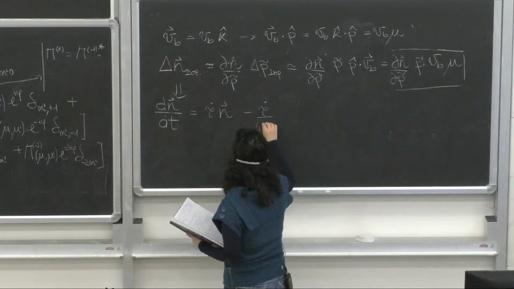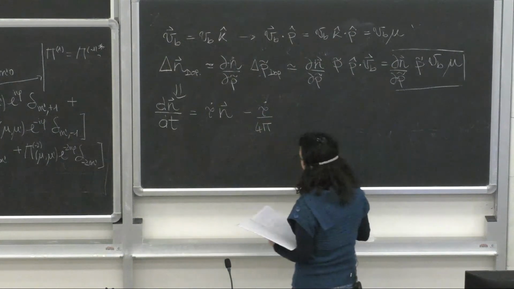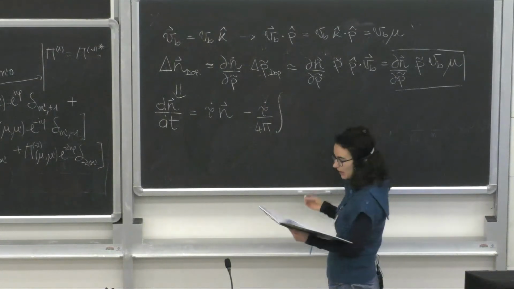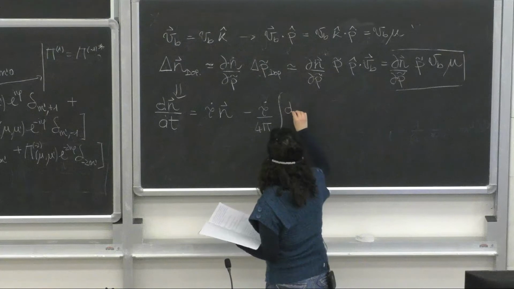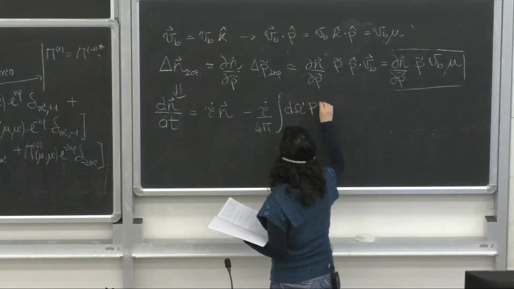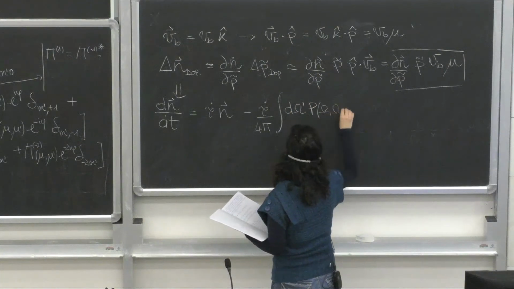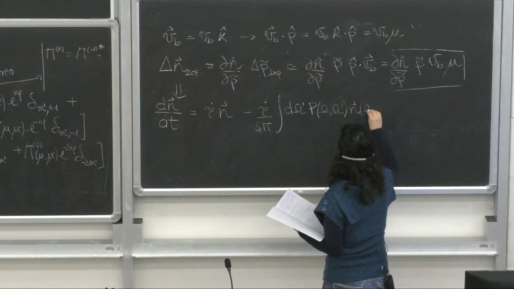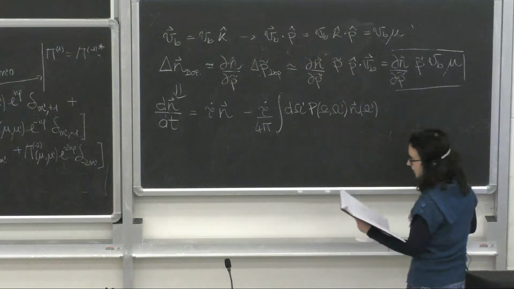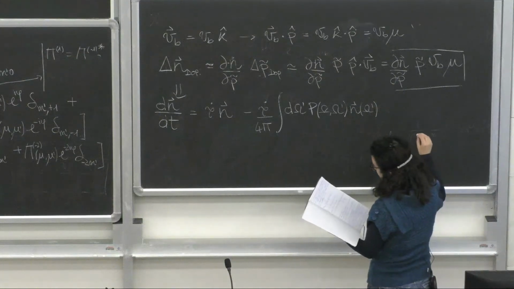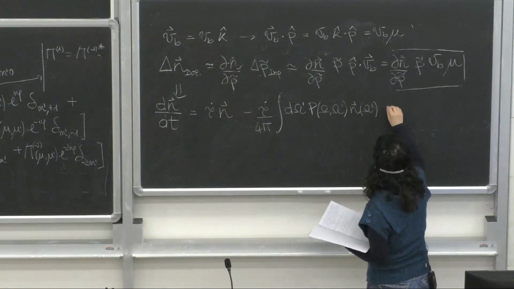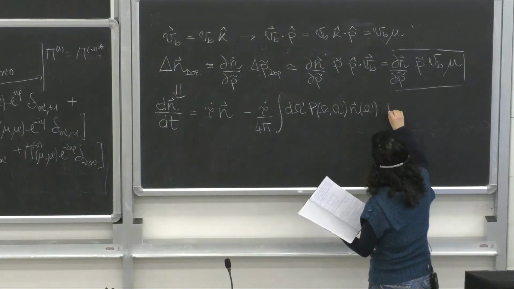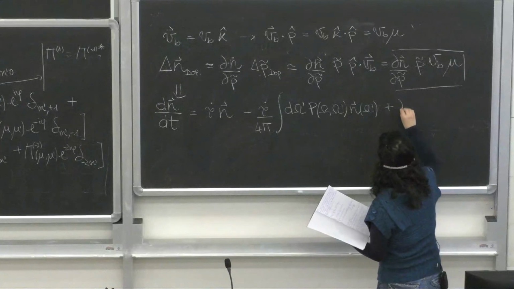So minus tau prime over 4 pi, the source term, that is our scattering terms obtained with the scattering matrix, times the Doppler term.